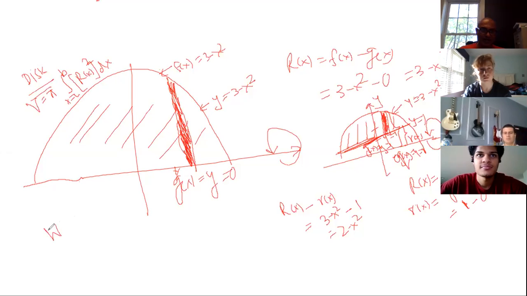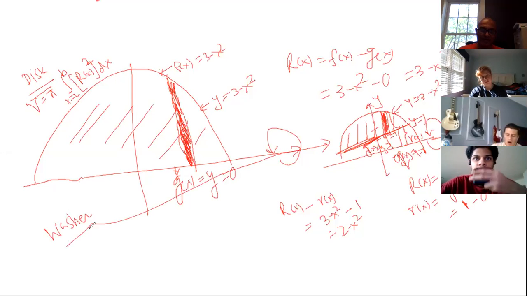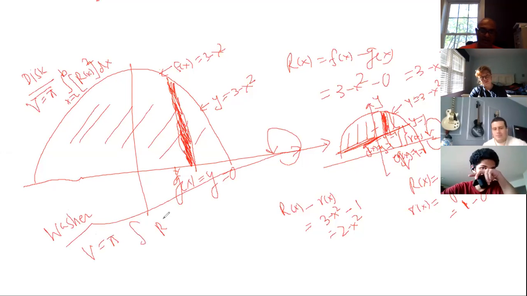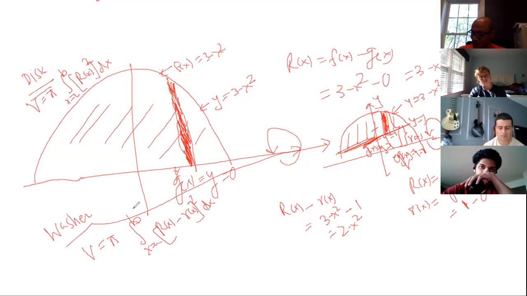For the washer method, my formula will be V equal to pi times the integral of capital Rx minus small rx, whole square, dx, and x runs from a to b. Does it make sense, Judith?